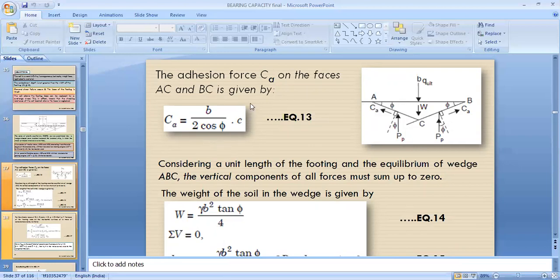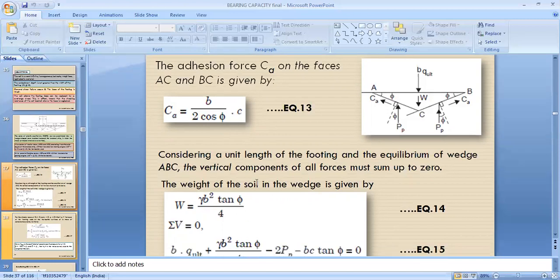In this triangle, if we take cos phi, where phi is the angle here, and solve for CA, CA will be equal to B by 2 upon cos phi multiplied by C. And the weight of this triangular wedge portion will be equal to gamma B square tan phi upon 4.